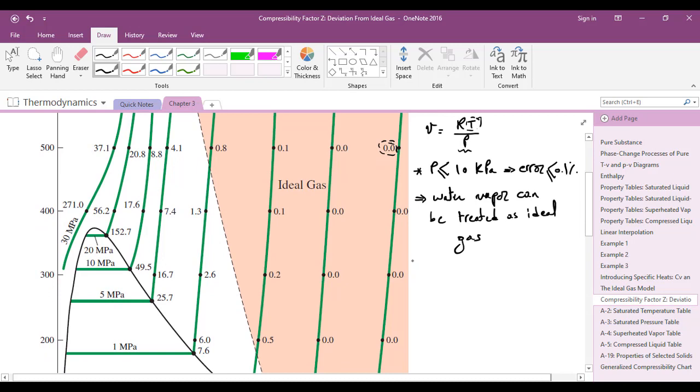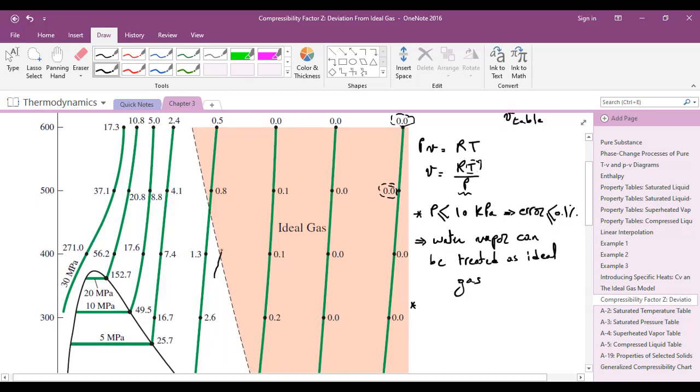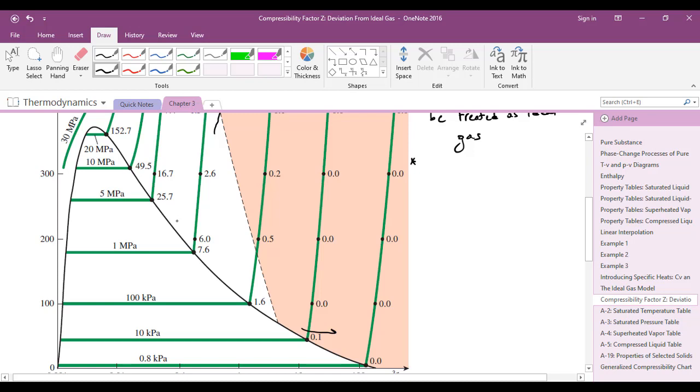Also we said that for high temperature and low pressure, meaning low density, we can still apply the ideal gas law. As you can see, as the temperature increases, the error will decrease. And also, as the pressure decreases, let's say from 5 megapascal to 1 megapascal to 100 kilopascal, we have a decrease in the error.